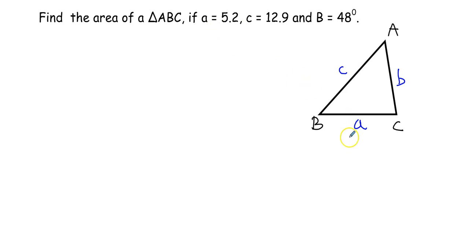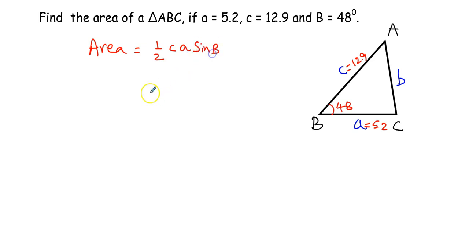Given this A is equal to 5.2 units, I can write here 5.2. C is 12.9, and angle B is 48 degrees. So using the formula here, it is C, A and B. You are dealing with that. So my formula for area becomes half times that C times A times sine B. That's all.